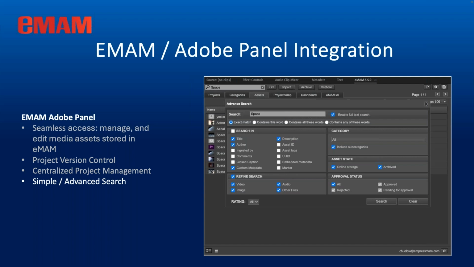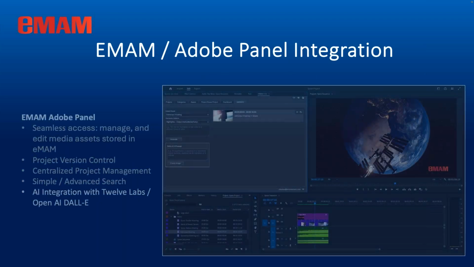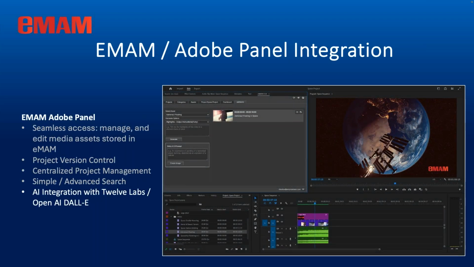So I can do a very simple search, or I can do an enhanced search, or even a saved search with different criteria that I'm looking for, and then use the panel to go in and find all those assets, and then, of course, import those into a project. So it's not like the editors are being shortchanged on all the different features. They're able to access most of the MAM features that eMAM has.